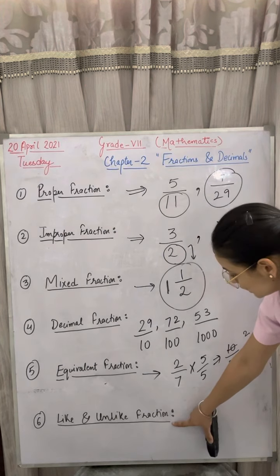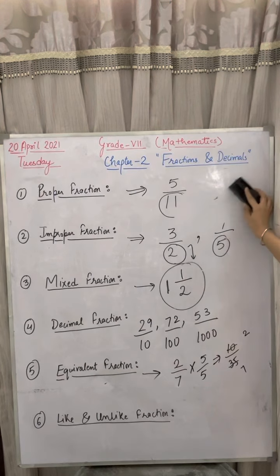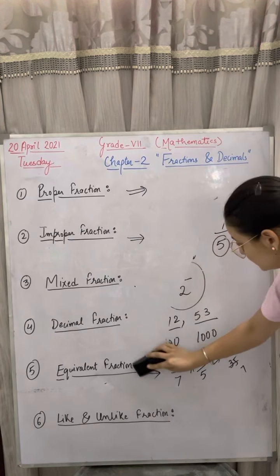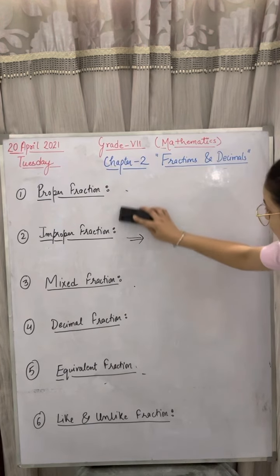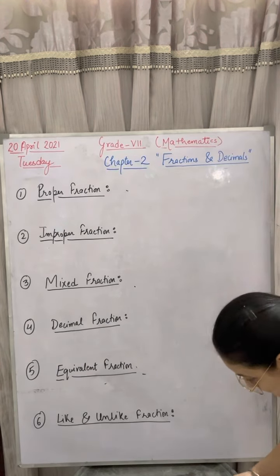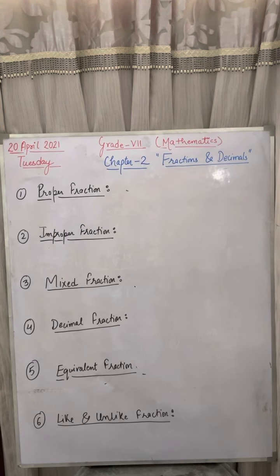Next are like fractions and unlike fractions. I'm writing here like fractions and unlike fractions. What are like and unlike fractions?